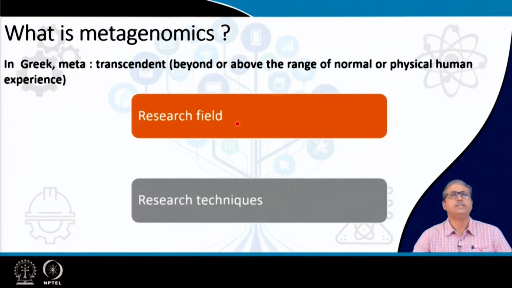That means, it is kind of an all inclusive concept, that genome means collection of all the genes present in a particular environment. And so, metagenomics basically has emerged as both a research field as well as a research technique.